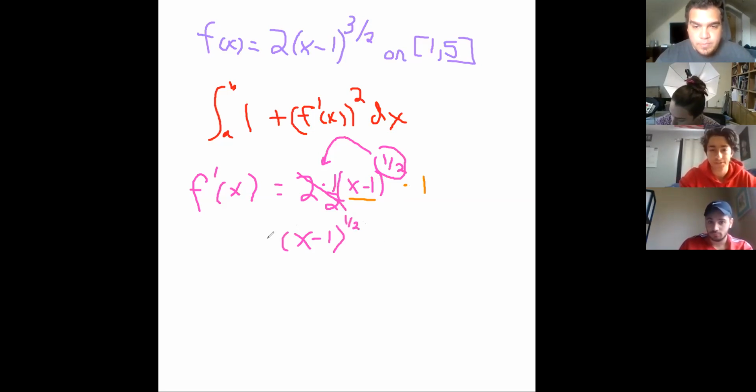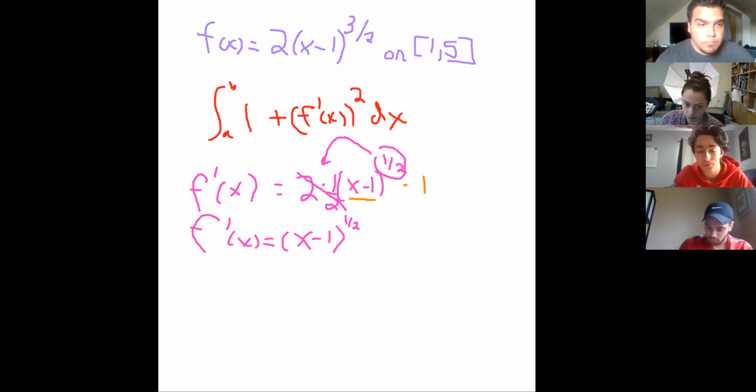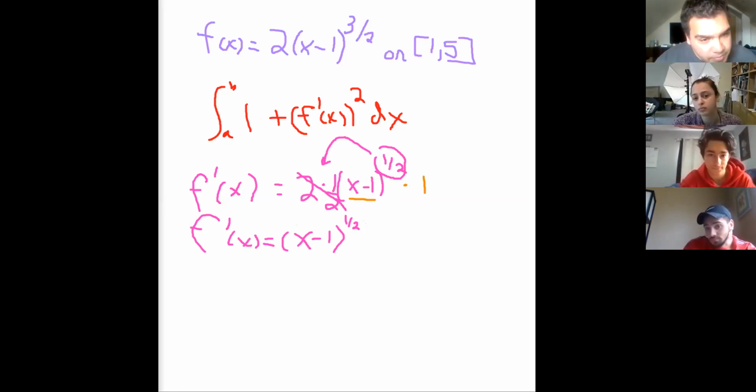I have a question. How come we moved down to 1/2 power instead of 3/2 power? Maybe I messed up. Maybe I don't remember my derivative rules. Do we only move down 3/2? Oh yeah, that's right. You bring the old power in front. Thanks for the help.